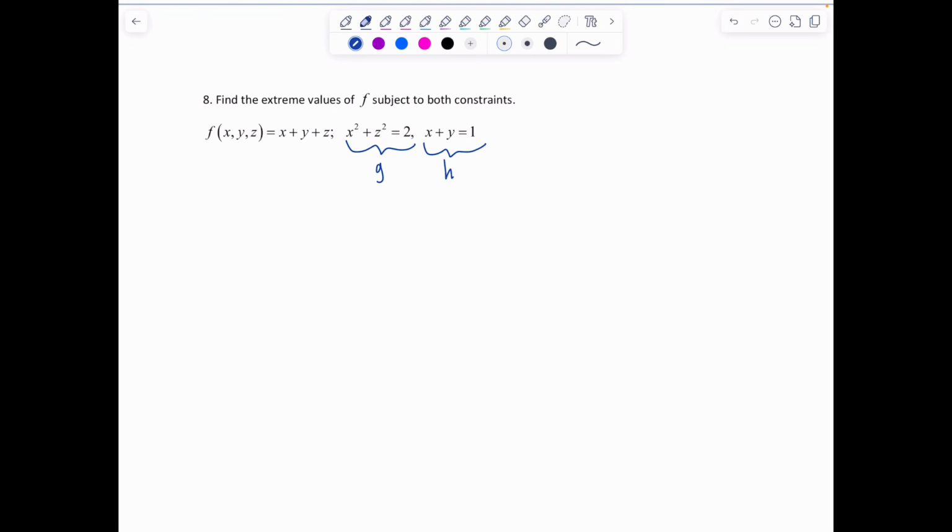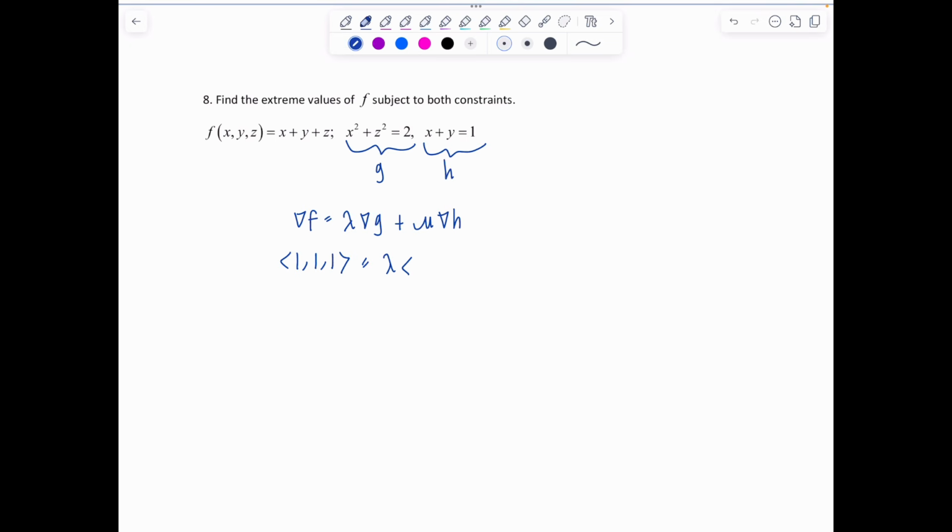Okay? Very good. So, starting off, we'll do gradient of f equals lambda times the gradient of g plus mu times the gradient of h. Gradient of f is 1, 1, 1. There you have it.